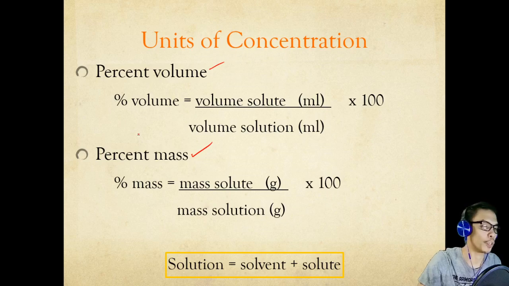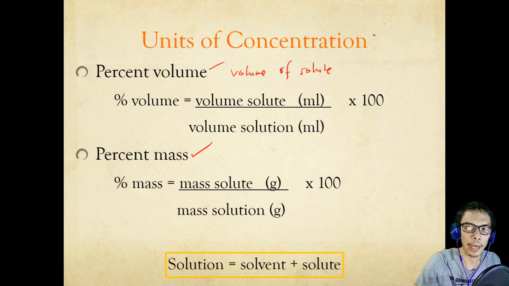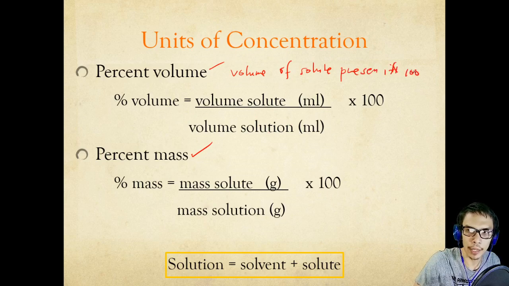Let's start first with the percent by volume. The percent by volume is the volume of solute present in 100 ml of solution. So the base value here is 100 ml.